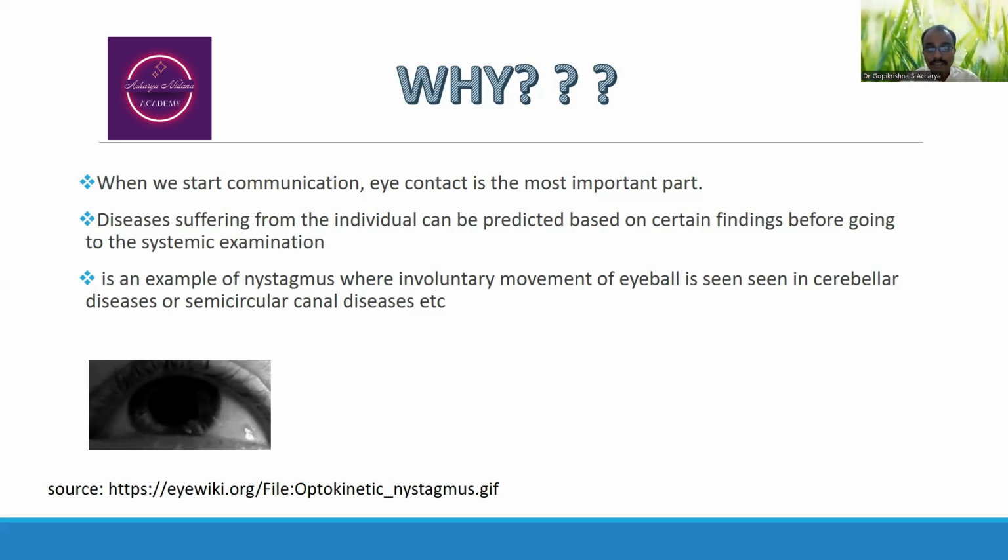One such example is nystagmus. Nystagmus is nothing but the involuntary movement of the eyeball. This image shows a lateral or transverse movement of the eyeball, wherein the faster movement is towards the left side and the slower movement is towards the right side, as far as the image is concerned.